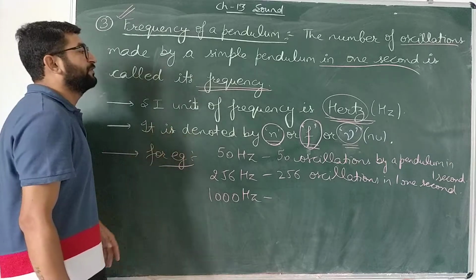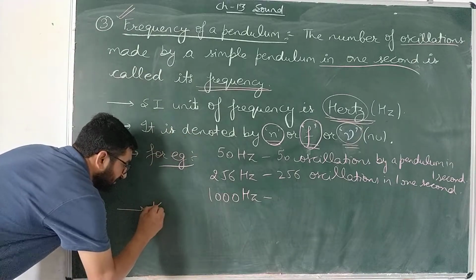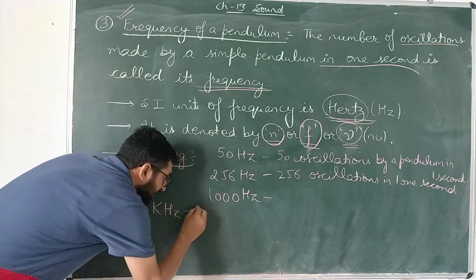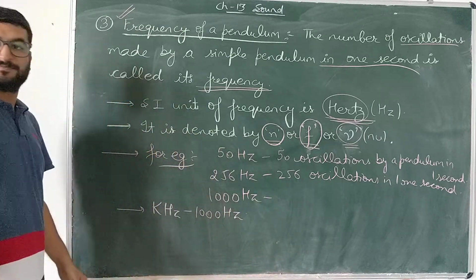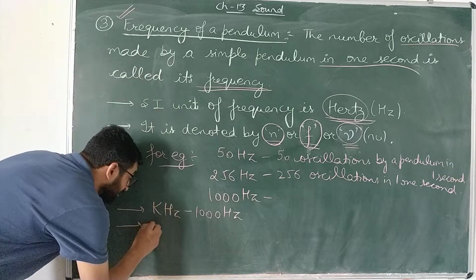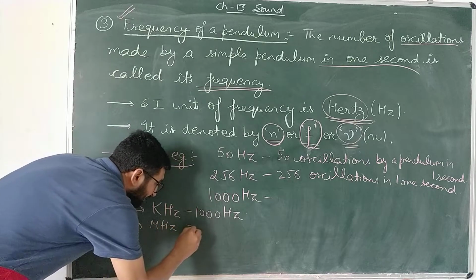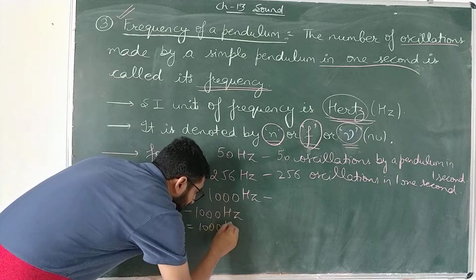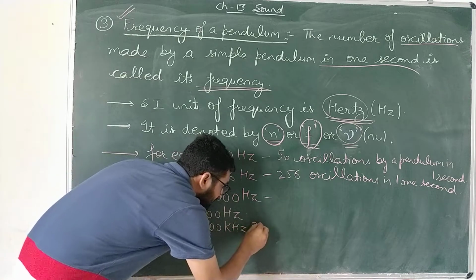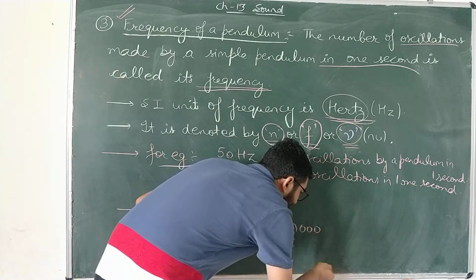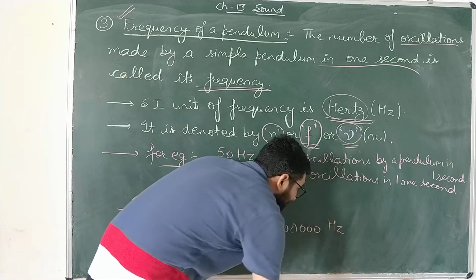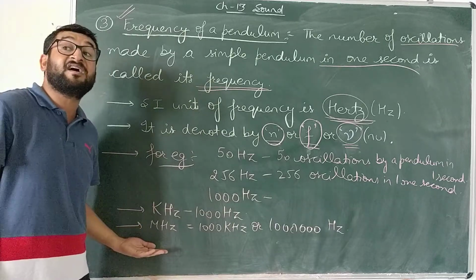The other unit of frequency is kilohertz. Kilohertz is equal to 1000 hertz. The larger unit than kilohertz is megahertz, which is equal to 1000 kilohertz or 10 lakh hertz. Another unit is gigahertz.